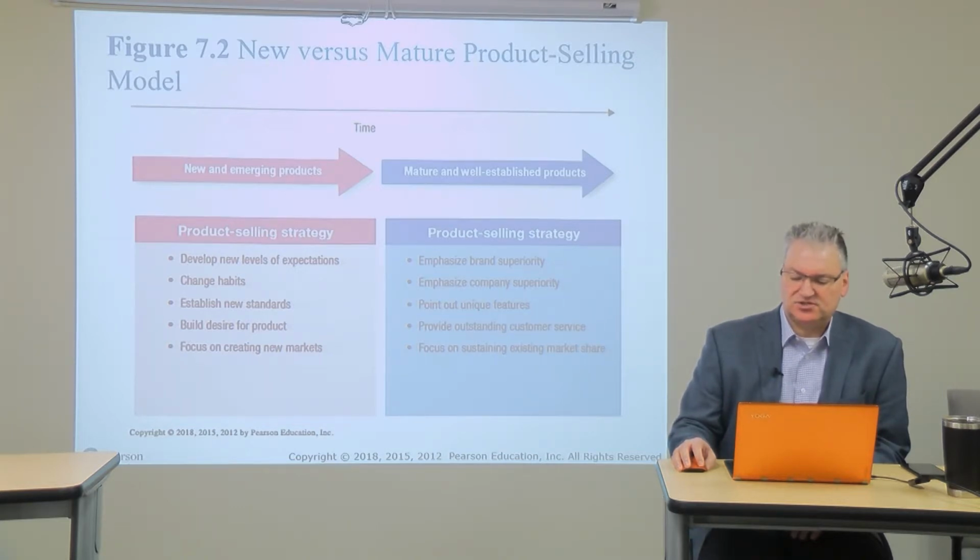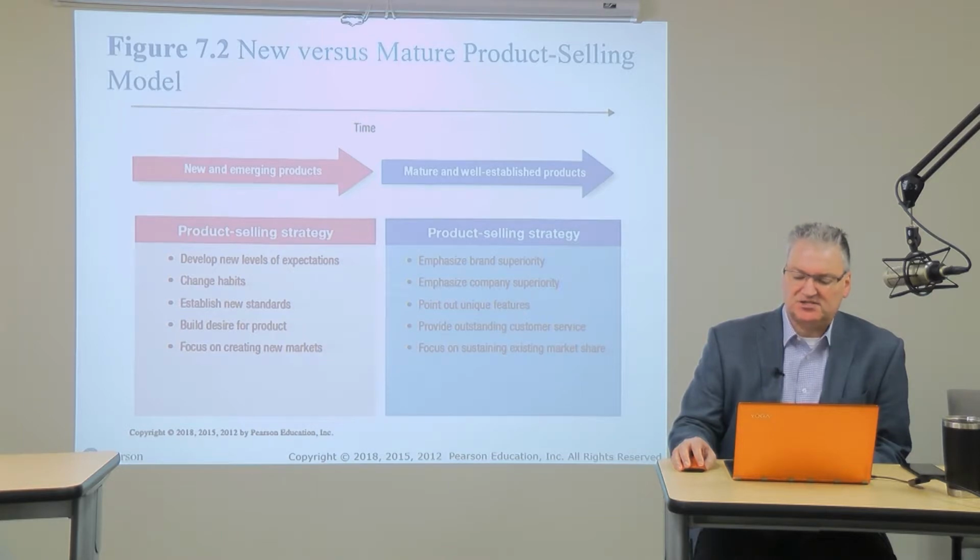Selling strategies used during the new and emerging stage are designed to develop a new level of expectation, change habits, and in some cases establish a new standard of quality, like I used in the example of cars. The goal is to build desire for the product. Salespeople must be resourceful, possess information regarding every aspect of the product, and be able to present a convincing value proposition.